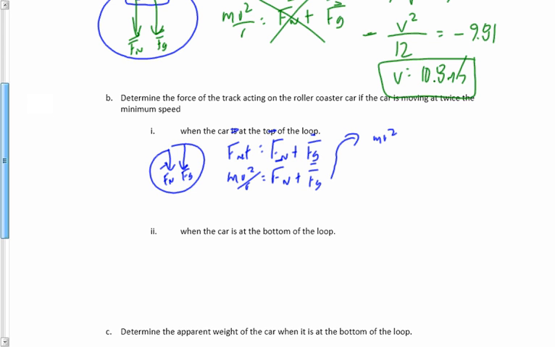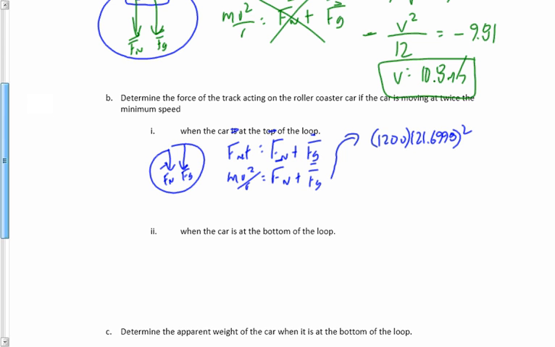Let's plug in some numbers here, guys. M was 1200. V was actually not 10.8. V was 21.6. I've actually got 21.6998.